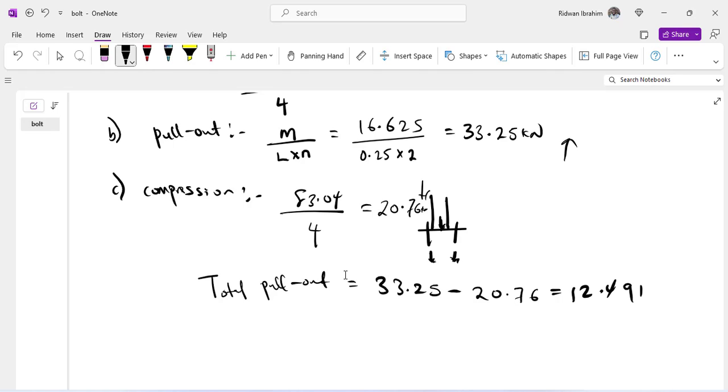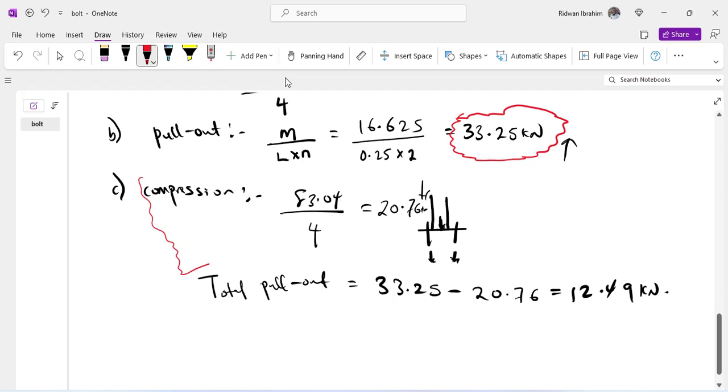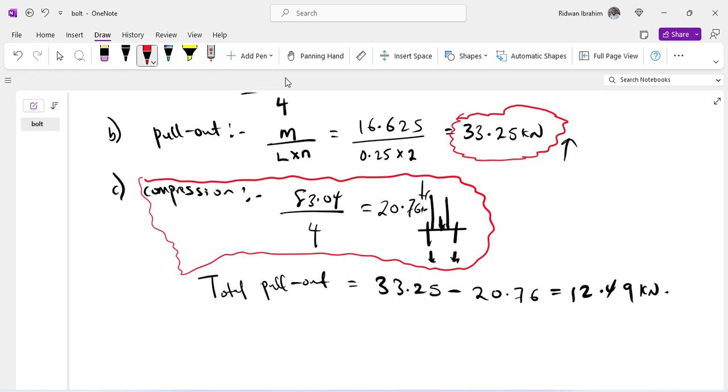12.49 kilonewton. However, for conservativeness, I can pretend as if this is my pull out force, as if this compression is not happening, because as an engineer you want to design for the worst case. This compression is a force in your favor.